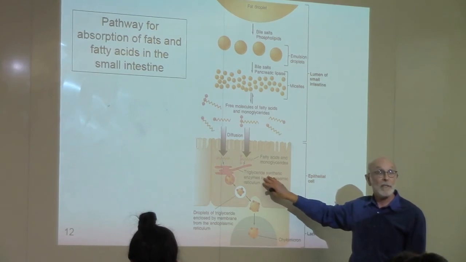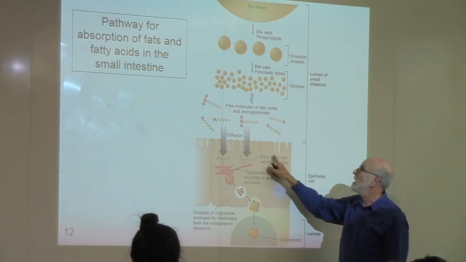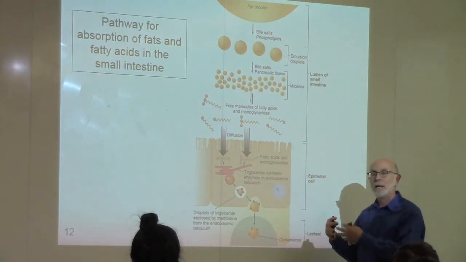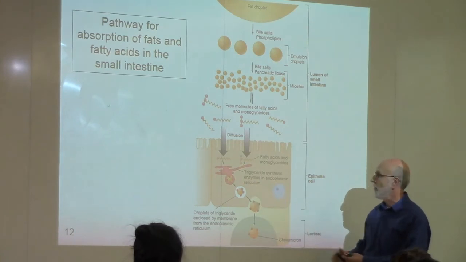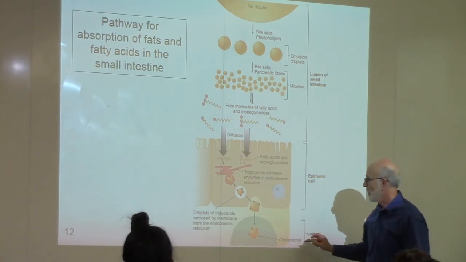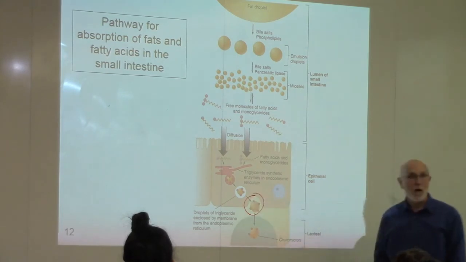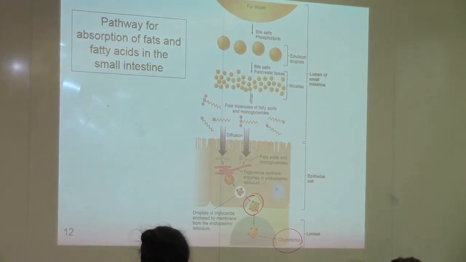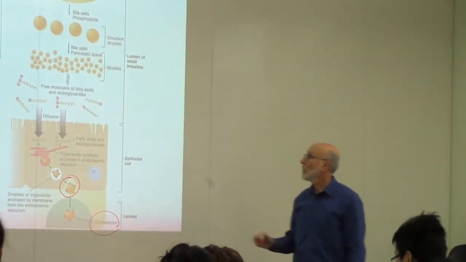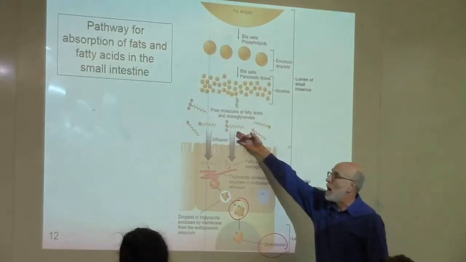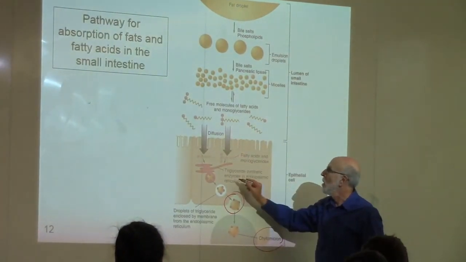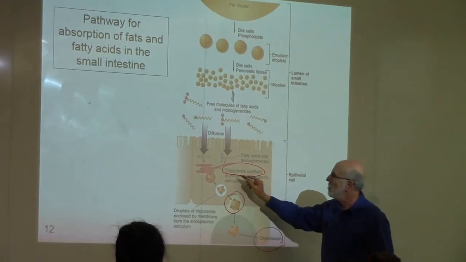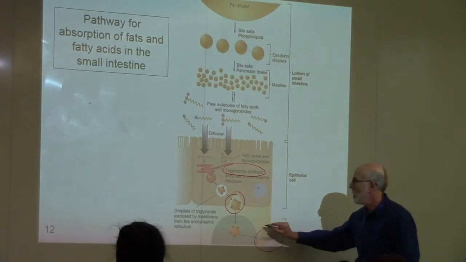The epithelial cells of the small intestine are specialized for then taking that monoglyceride and fatty acid and synthesizing it into a structure called the chylomicron. So the fatty acids and monoglycerides diffuse, are synthesized into triglycerides, and then mixed together to form chylomicrons.